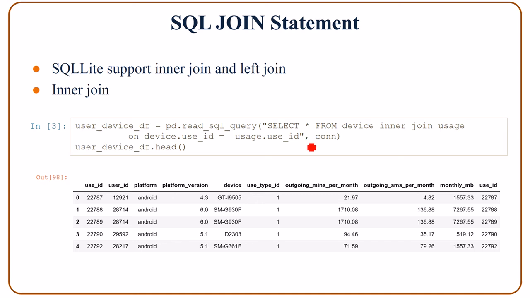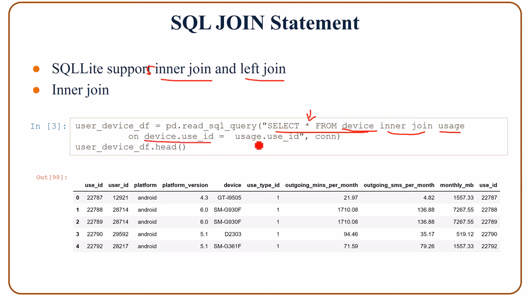Now let's talk about the join statement. SQLite supports inner join and left join. The syntax for inner join is like this. Select, and you have a list of fields. In this case, I select all the fields from the device table, and inner join with the other table using on.